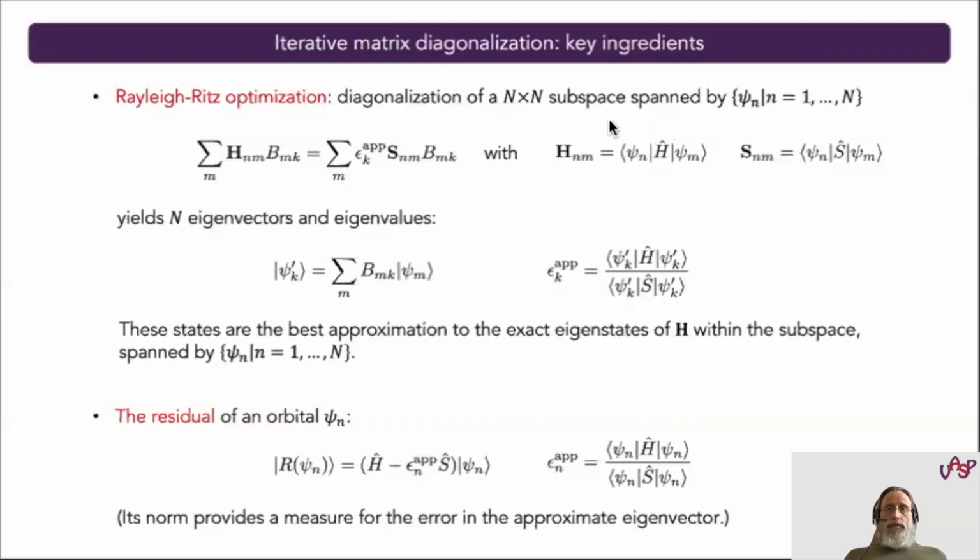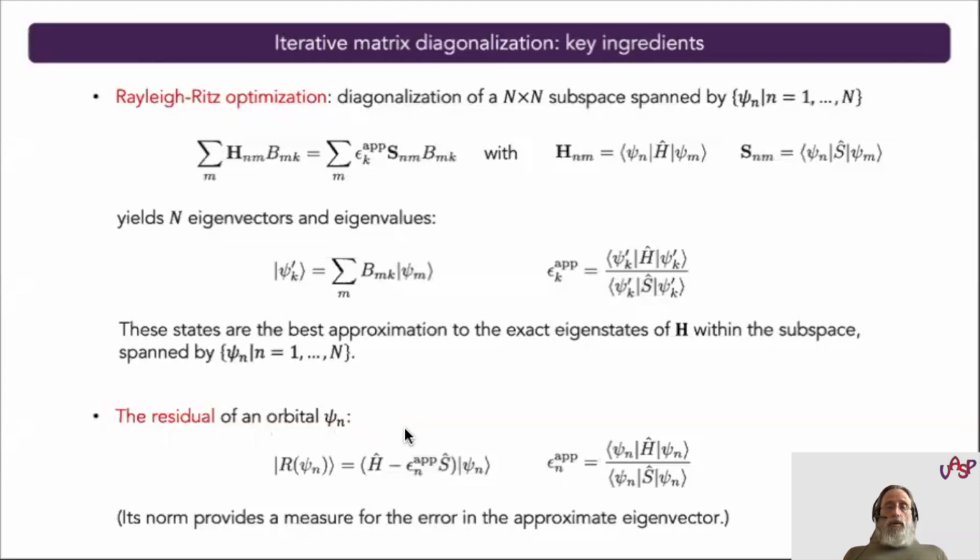So like the Hamiltonian within the basis of our current orbitals, or of a set of orbitals, and the overlap matrix. We can solve this eigenvalue problem within this n by n subspace, and that will yield a bunch of eigenvectors, linear combinations of this set, and approximate eigenenergies. These states actually are the best approximation to the exact eigenstates of the Hamiltonian within the subspace spanned by the current orbitals. So that's Rayleigh-Ritz optimization.